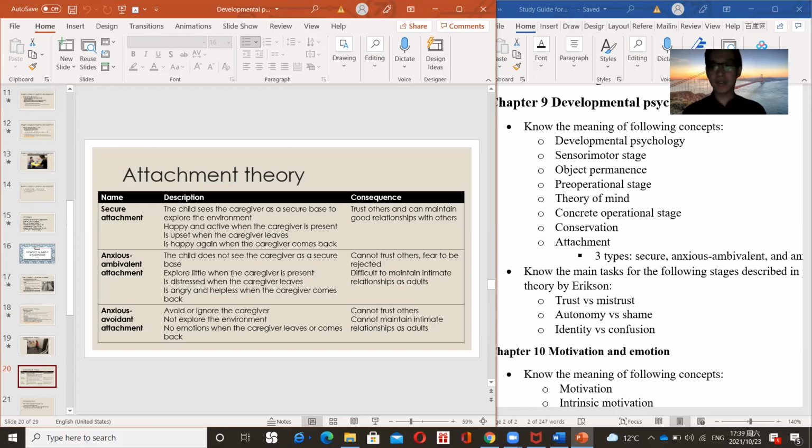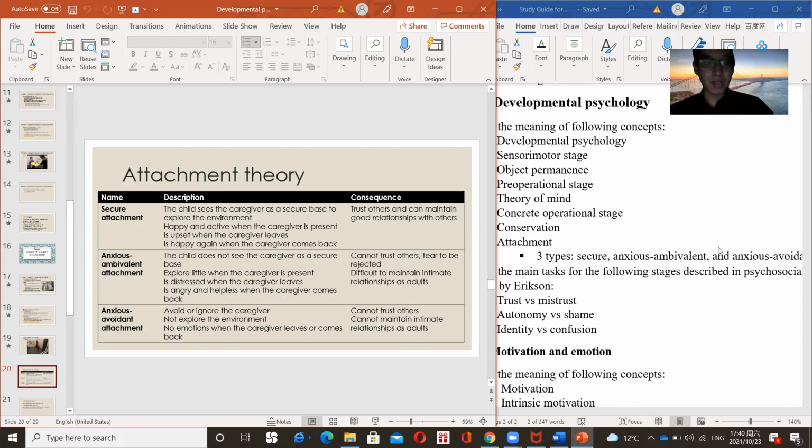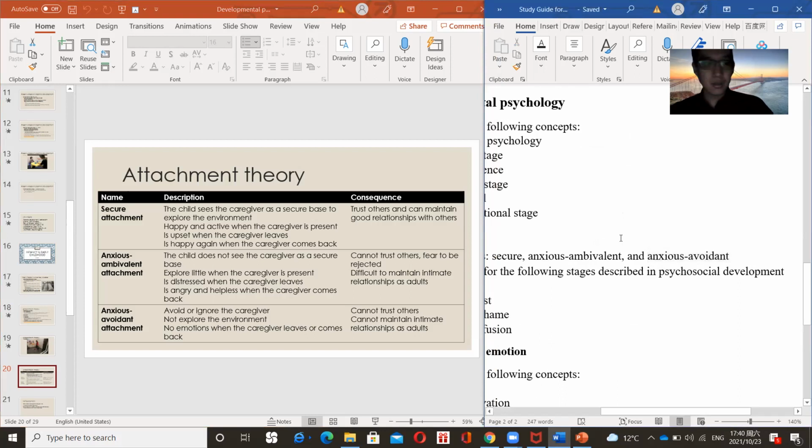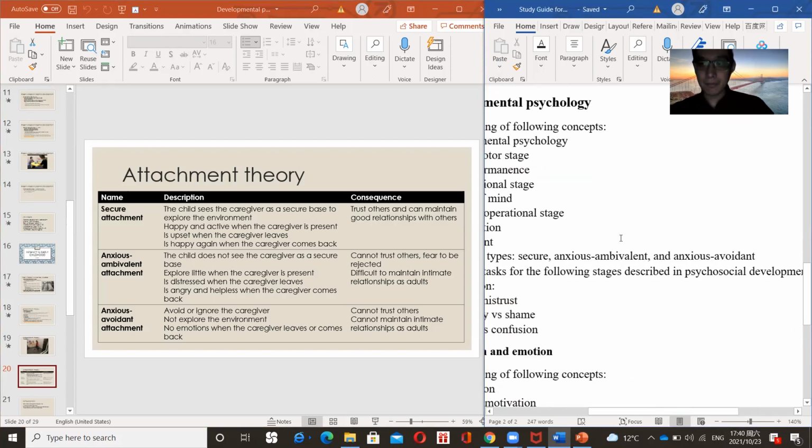When the caregiver is there, the child does not really explore the world because in their minds there's no sense of security. And another type is also an insecure attachment style, that is anxious avoidant attachment.